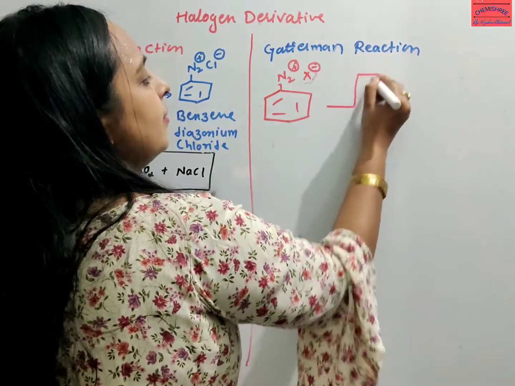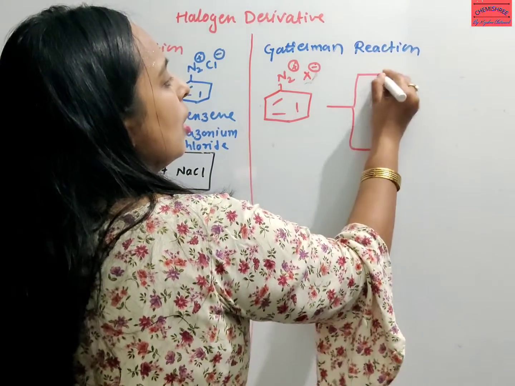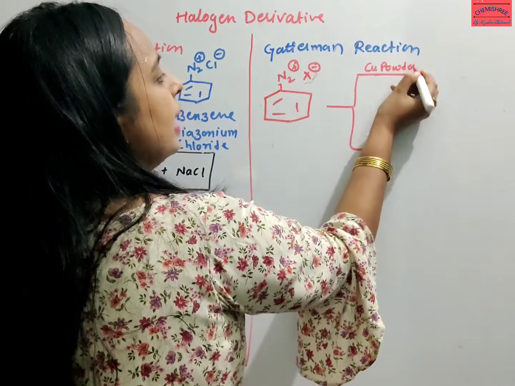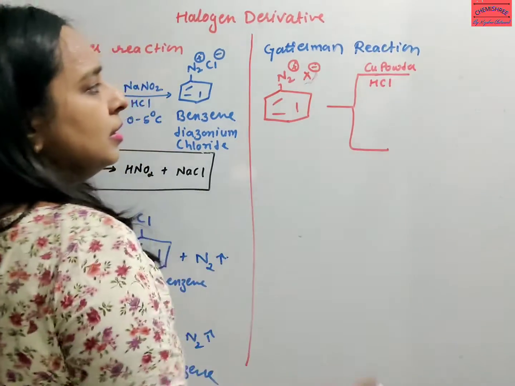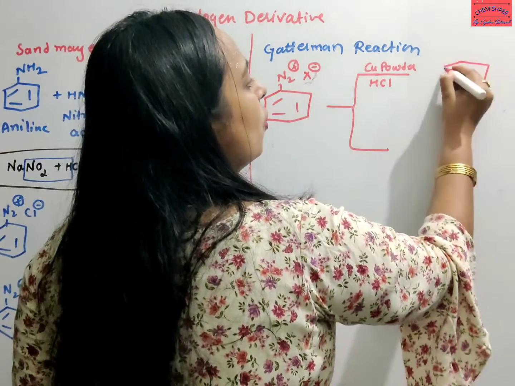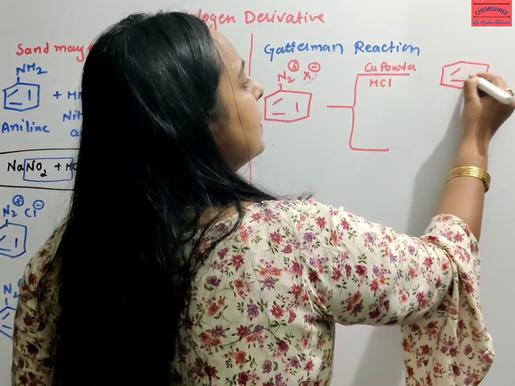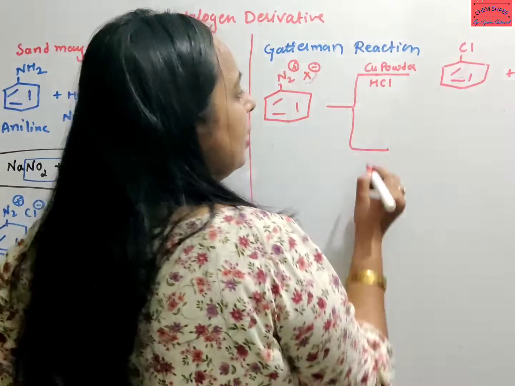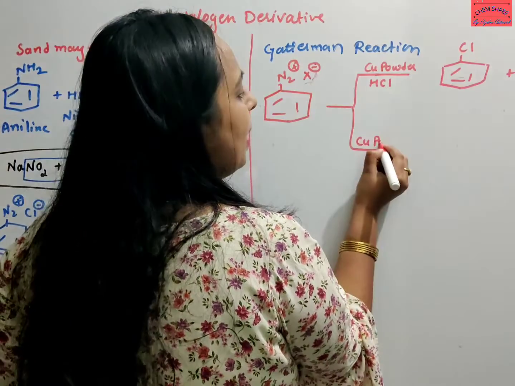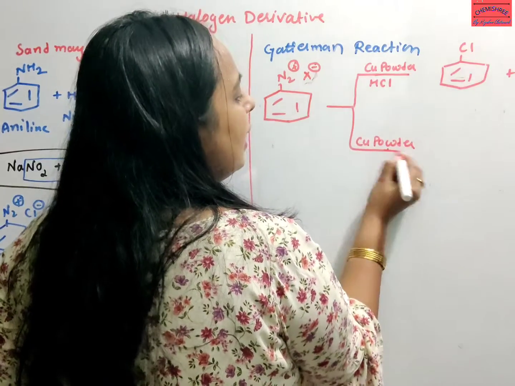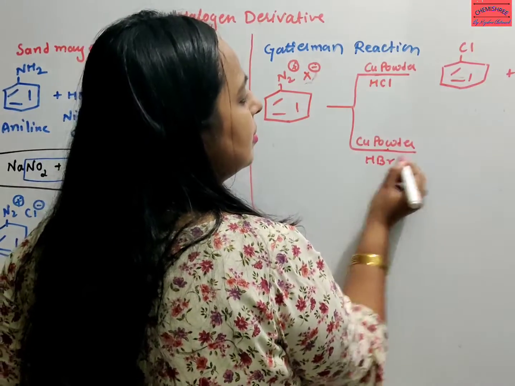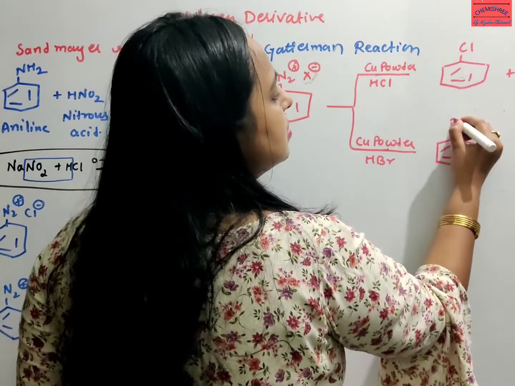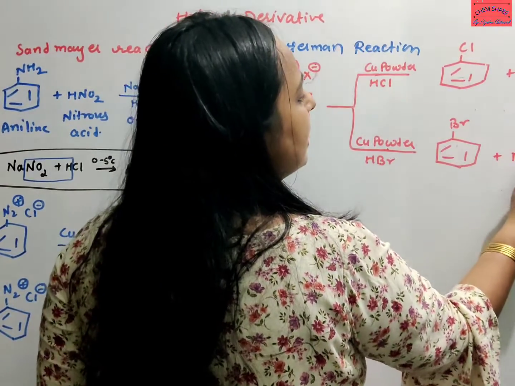When it is treated with copper powder and HCl, it will give you chlorobenzene plus nitrogen gas evolved, and when it is treated with copper powder and HBr, it will give you bromobenzene plus nitrogen gas evolved.